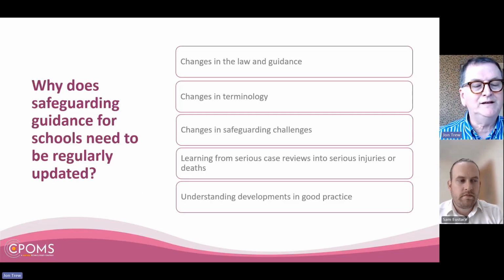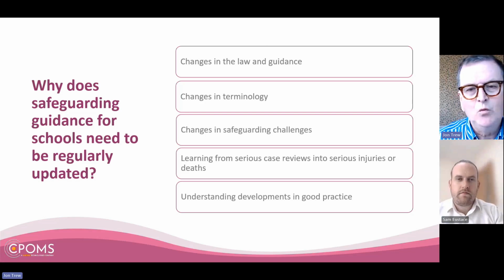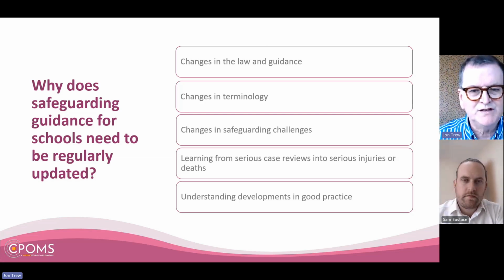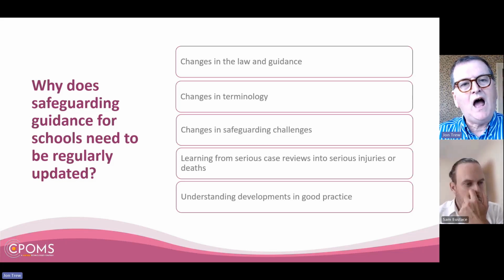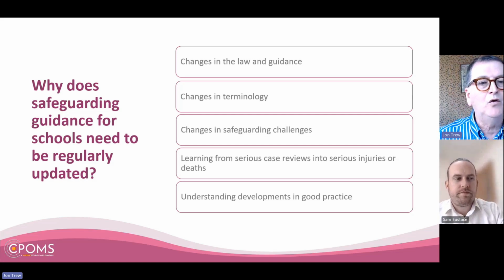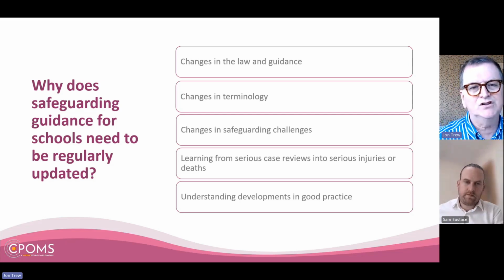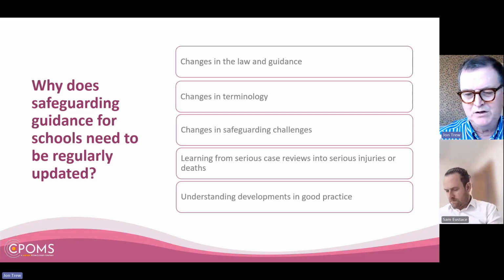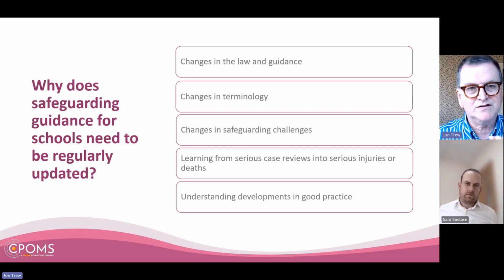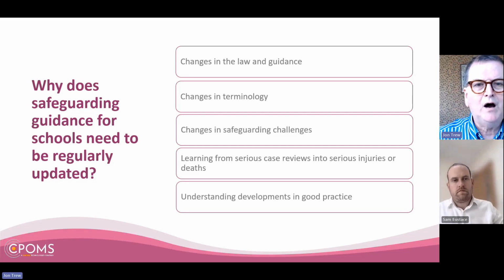Why does safeguarding guidance, like Keeping Children Safe in Education, need to be regularly updated? Why don't we just have one set of guidance brought in when we get the legislation and keep that forever? Well, there are other changes in the law and other changes in guidance which affect education. For instance, there might be changes about police checks, about data and barring.